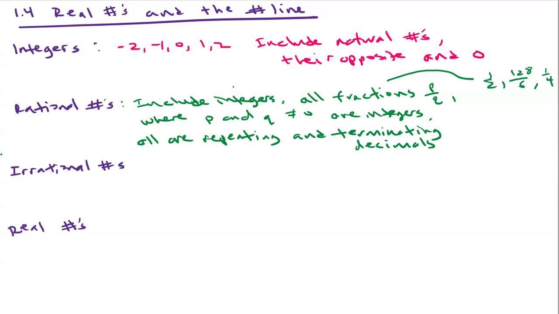The integers, we just talked about that. That's the numbers above here, right? Those are the integers. And then all repeating. If I take 1 divided by 3 in a calculator, you'll see it says 0.3 forever, right?